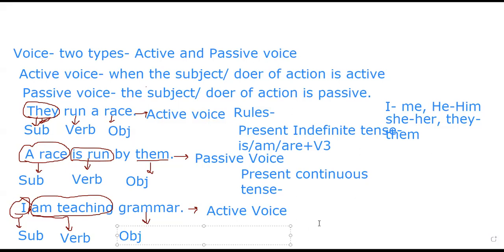Is it clear? Now if we change it into passive voice, how will it change?